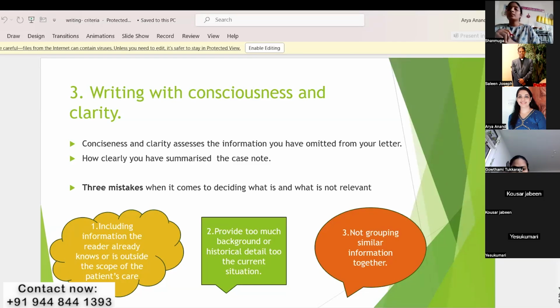And the third mistake is not grouping similar information together. Not grouping means you don't know where to connect the information. If you have discharge plan information, you can connect it with the case note and write it in a full sentence.